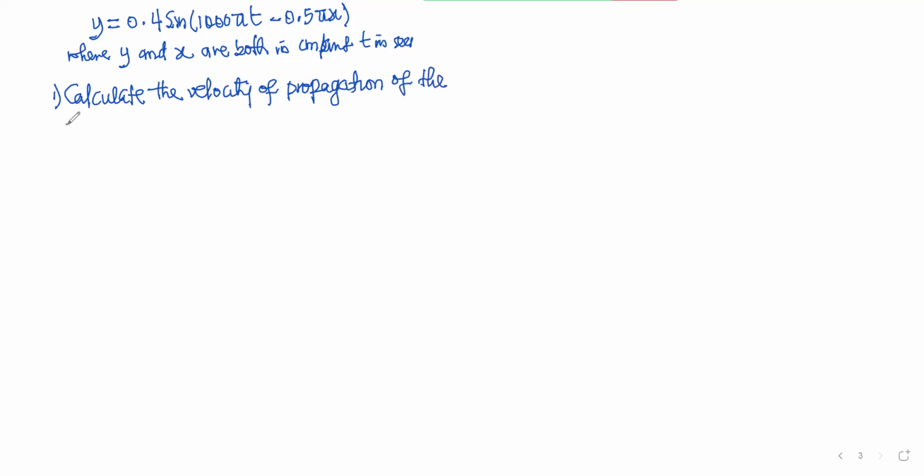So you have this progressive wave equation. You have to calculate the velocity and calculate the distance covered by the wave in 5 complete cycles. So you are answering I and II. Make me proud.